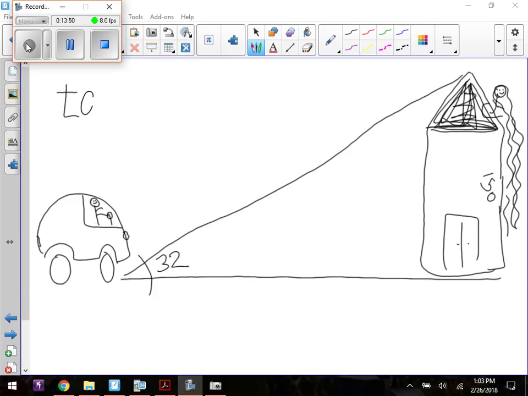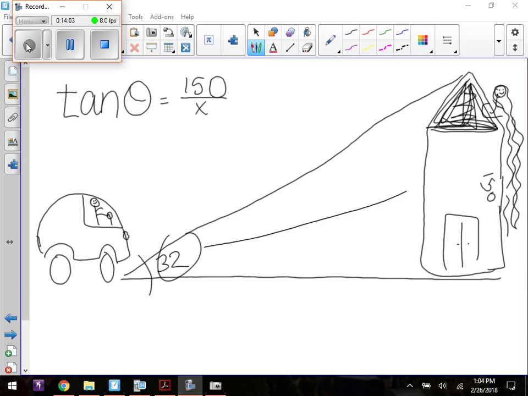Which means we have to use tangent. How do you know it's tangent and you're not trying to find the hypotenuse? Because you want the distance.